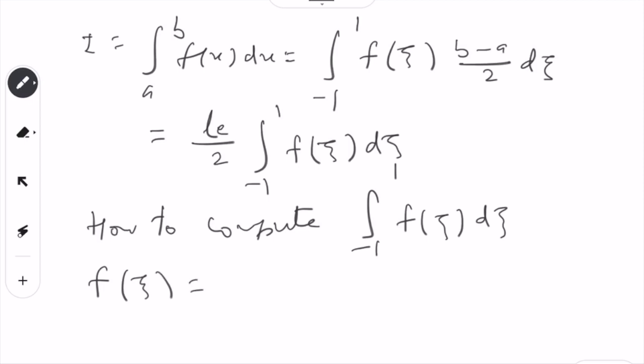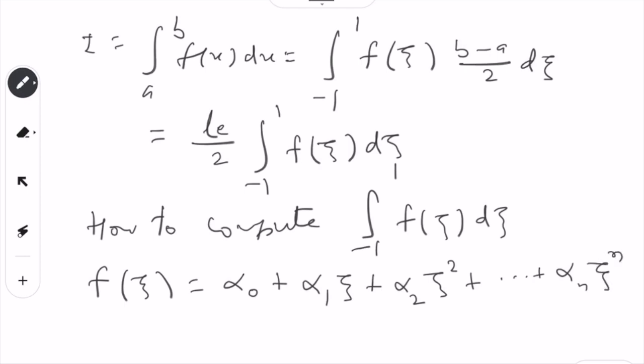We can say this is equal to alpha naught plus alpha 1 times xi plus alpha 2 times xi square, and so on till alpha n times xi to the n.